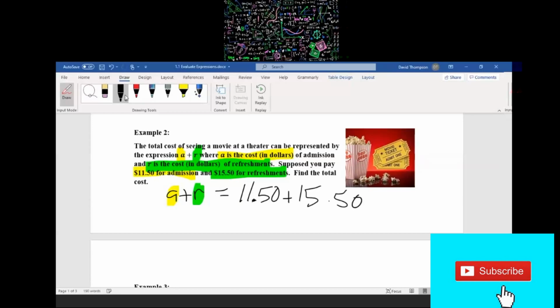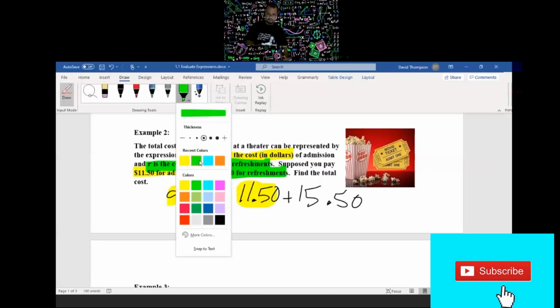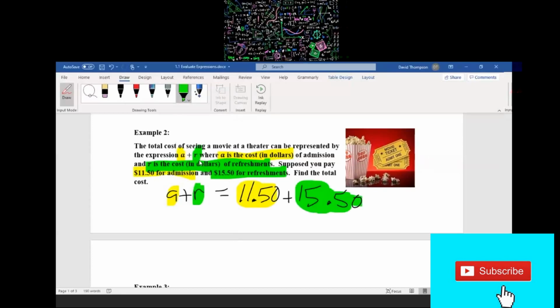Now we just add them. $11.50 plus $15.50 will be $27. And we are done.